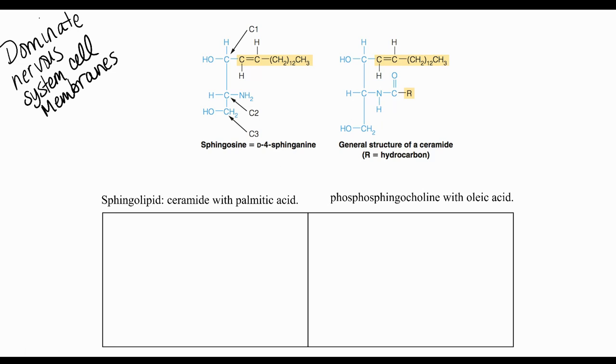So this is sphingosine, the backbone. It's not glycerol. So you don't have a glycerol backbone, you have a sphingosine, which has this part as part of the structure. So that's always there. That's always the same. And you'll only have one fatty acid attached.